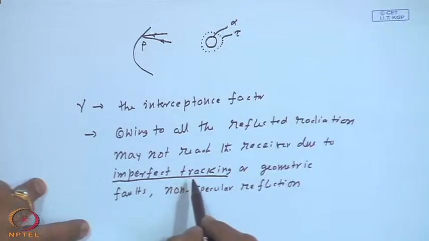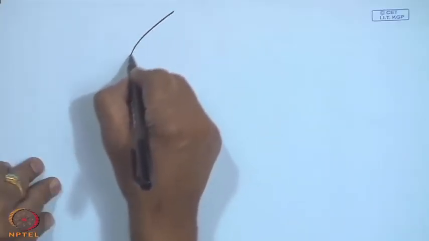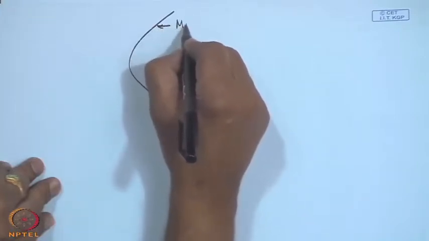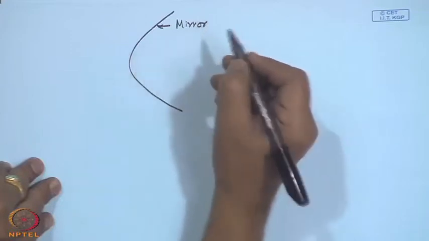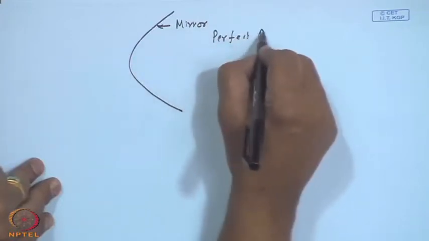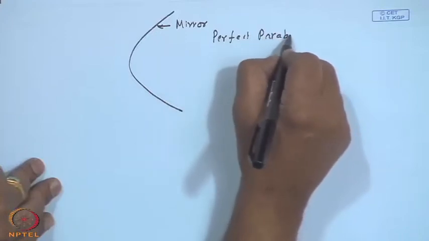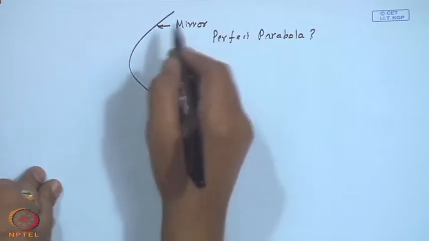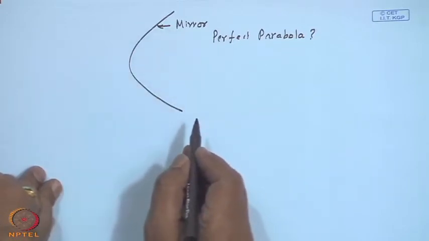Nevertheless, a part of it may be lit and part of it may not be lit, and depending upon your manufacturing technique, the mirror over here may not be a perfect parabola. So, consequently, there will be some undulations because it is a large surface.